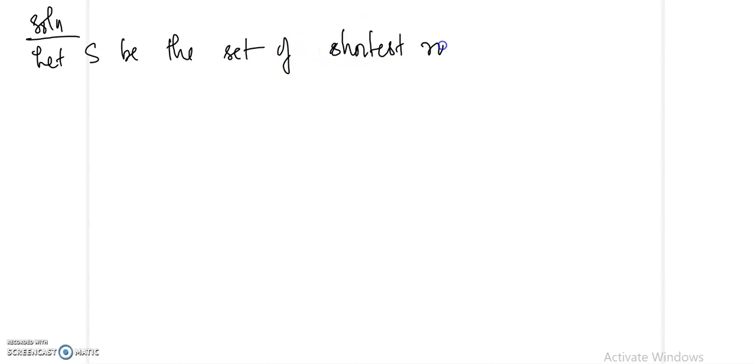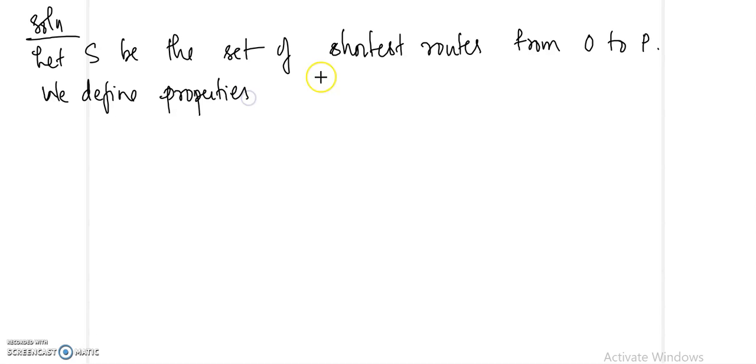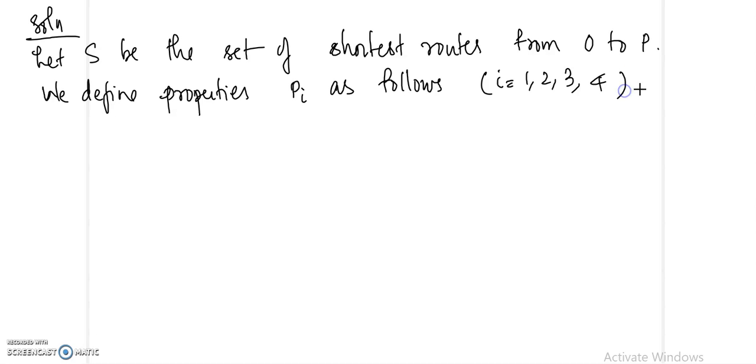Let S be the set of shortest routes from O to P. We define properties Pi as follows, where i equals 1, 2, 3, 4.